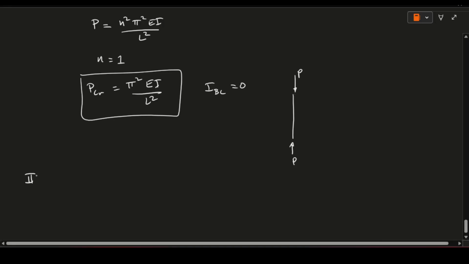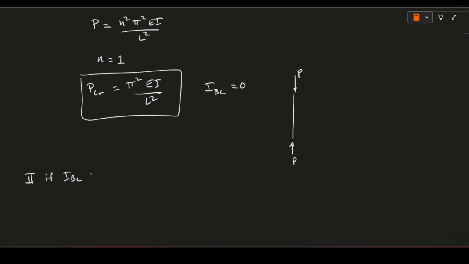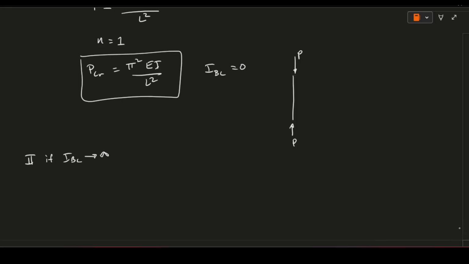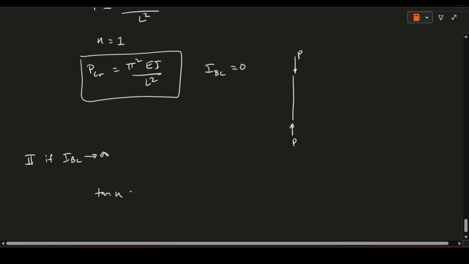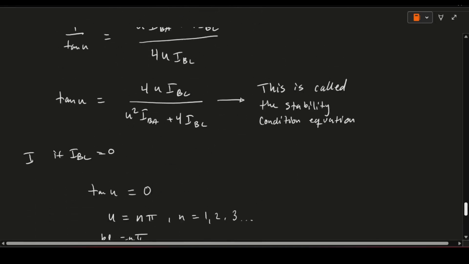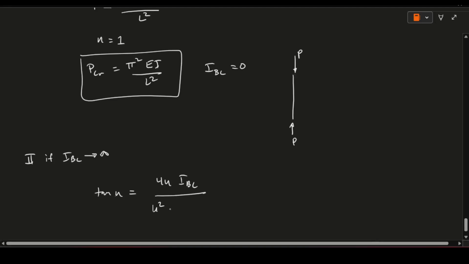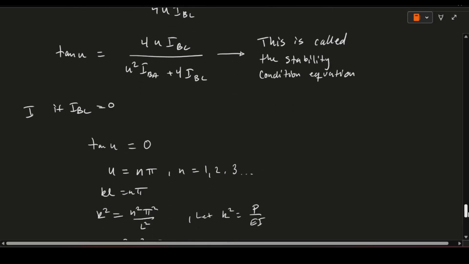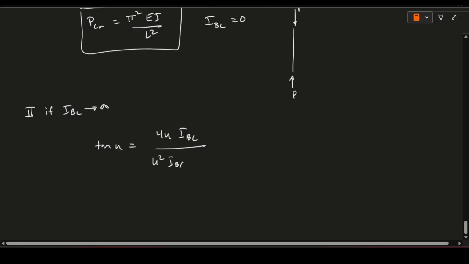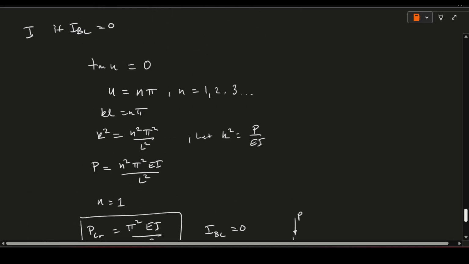Okay. In case 2, if IBC goes towards infinity, we get tangent U equals 4U IBC over U squared IBA plus 4 IBC.